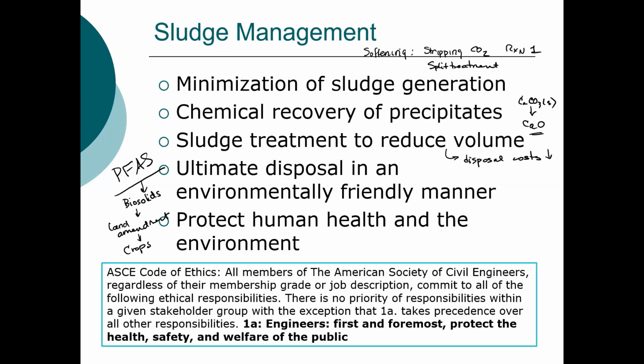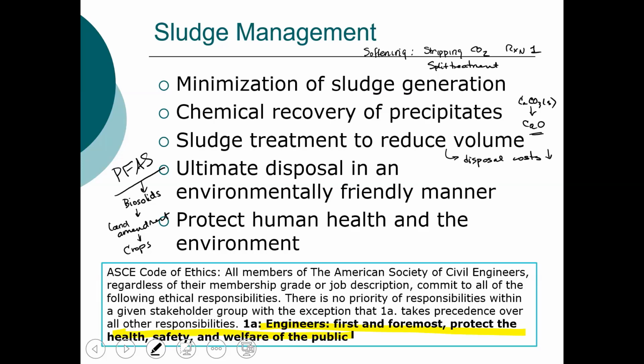Okay. So we need to think about protecting public health and the environment. And as a reminder, I've provided you with the ASCE Code of Ethics. It's changed slightly. The essence hasn't really changed. Still, above all, protection of the health, safety, and welfare of the public is paramount.